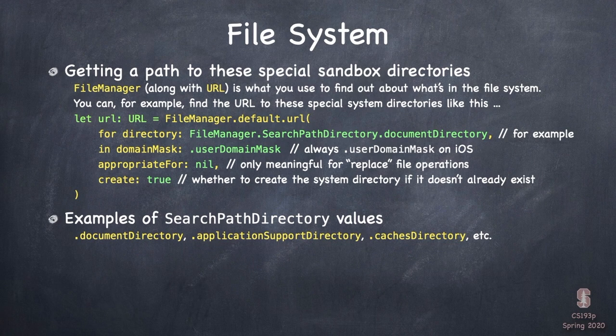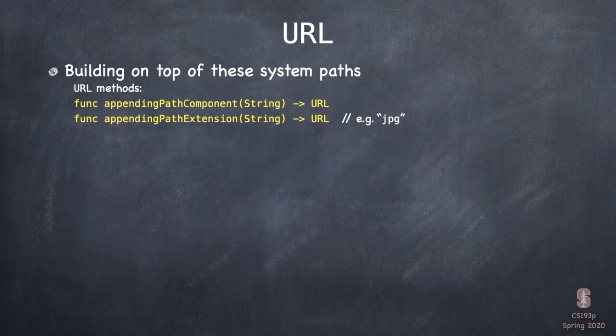So now that you have a URL to the special directory in the sandbox, you can start creating or looking for files in there. How do we do that? We do that with methods in URL. We've got this base URL, and we're going to use methods in URL like appendingPathComponent and appendingPathExtension to build a path to whatever file we're looking for inside these special directories.